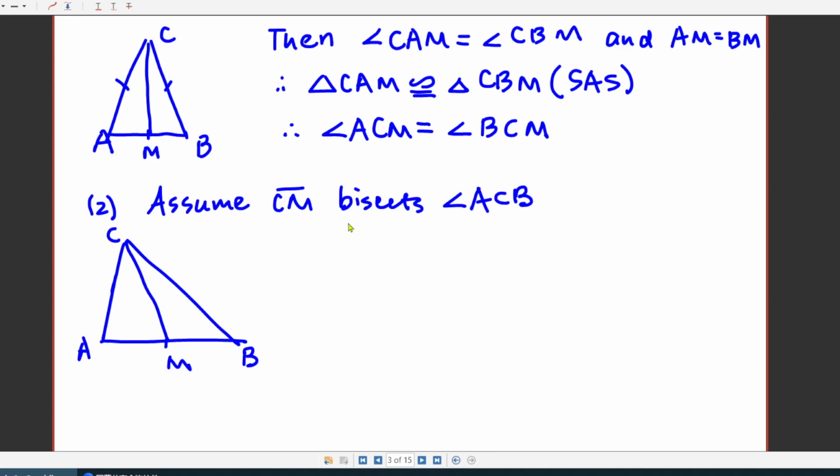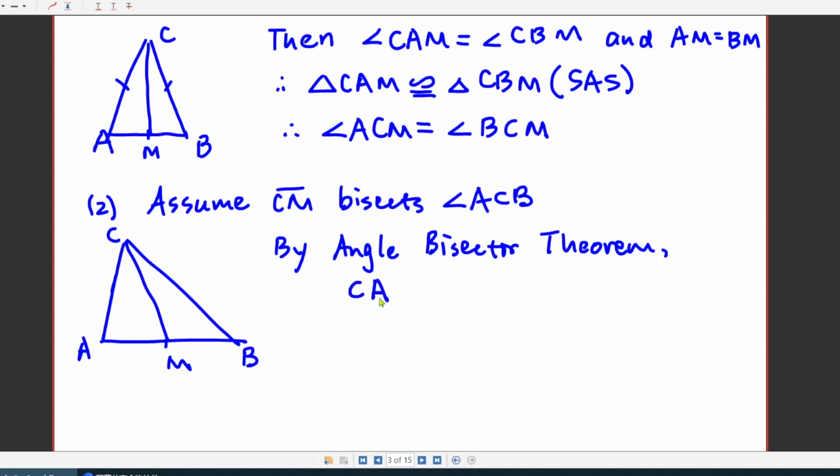by angle bisector theorem, can you recall this theorem? By angle bisector theorem, we have CA over AM equals CB over BM, right?